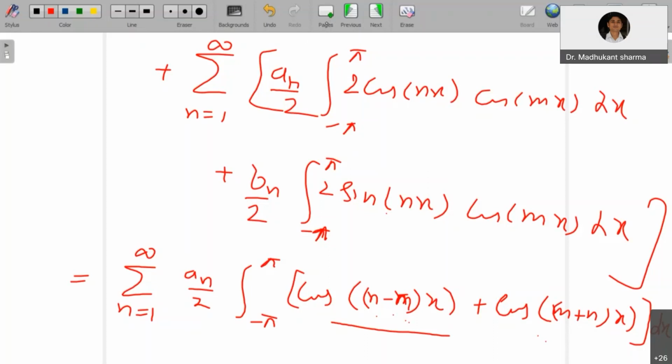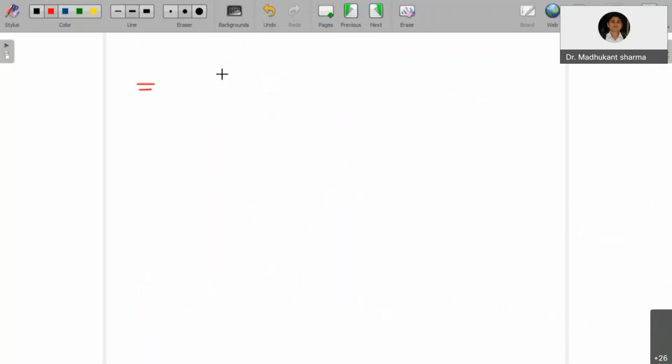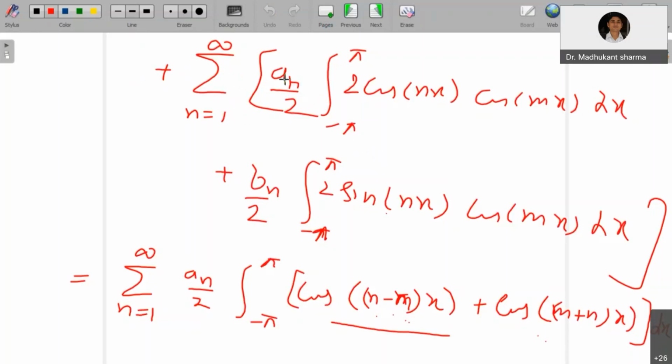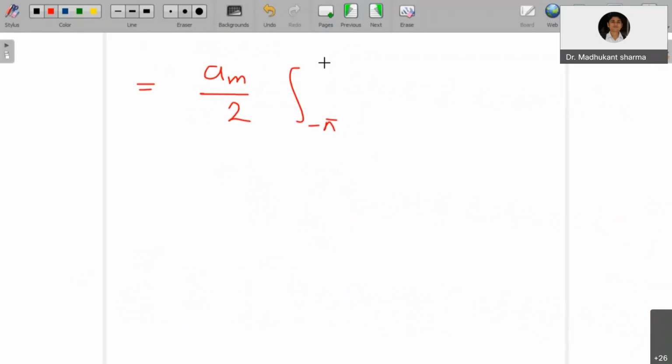So this is equal to a m by 2, with n equals m, integration from minus pi to pi of dx. So this is equal to pi times a m. Now, what was the left hand side?